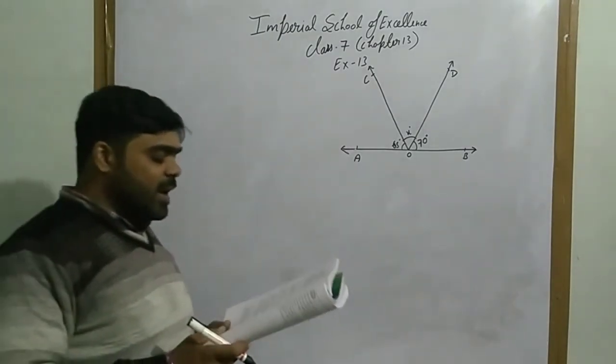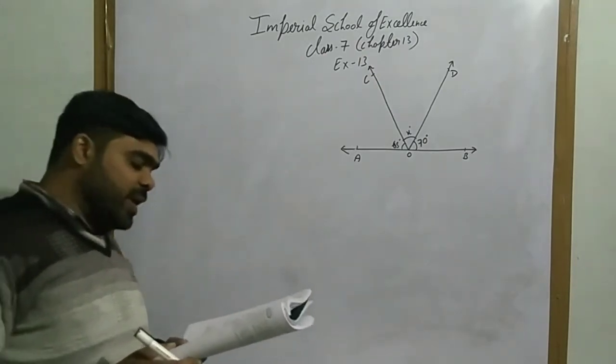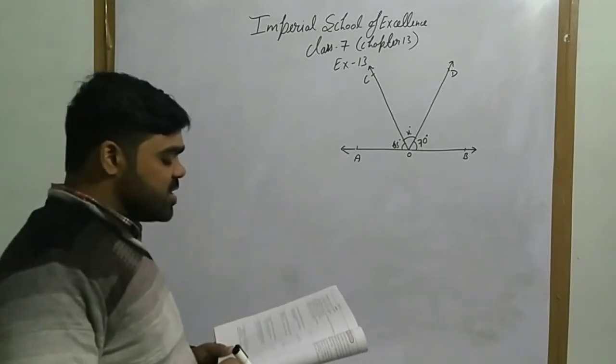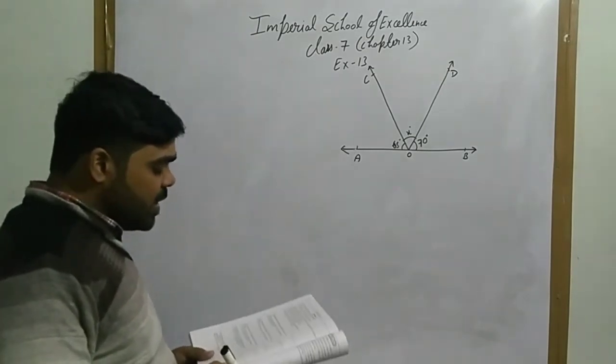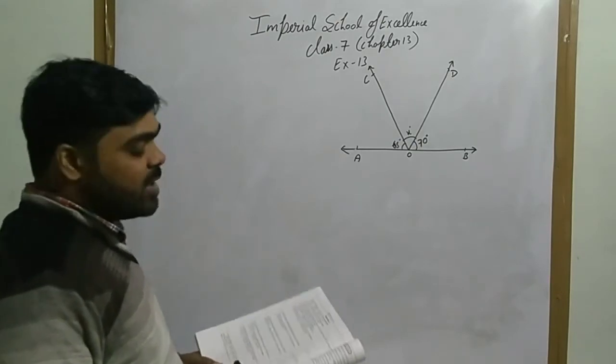In the given figure, AOB is a straight line and the rays OC and OD stand on it. If angle AOC equals 65 degree, angle BOD equals 70 degree and angle COD is x degree, find the value of x.